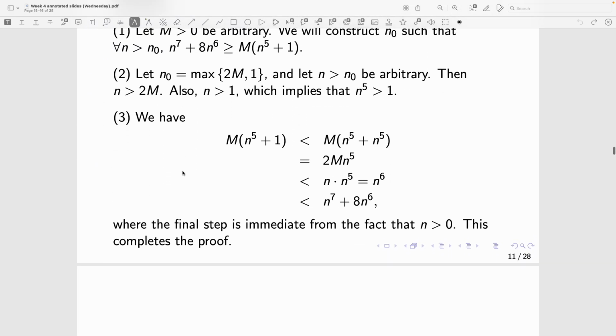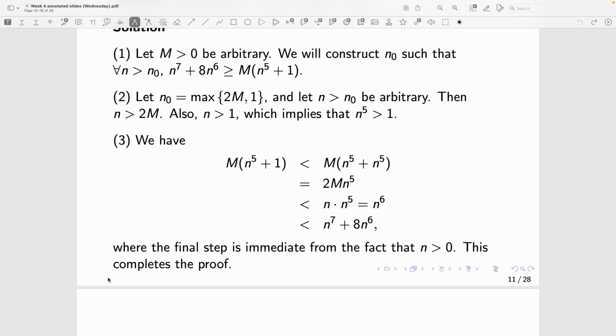In this case, n to the 7 plus 8n to the 6 is greater than or equal to m times n to the 5 plus 1.